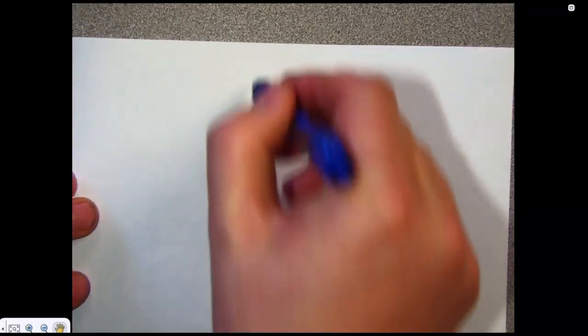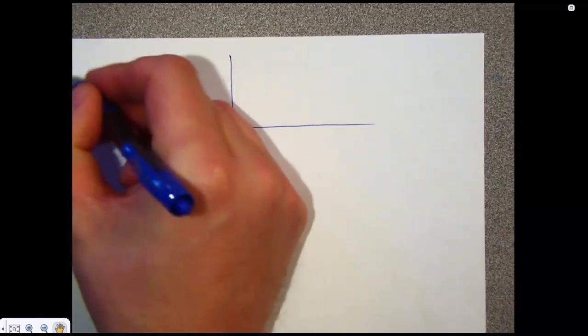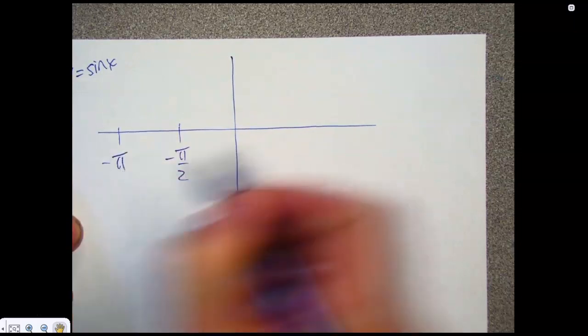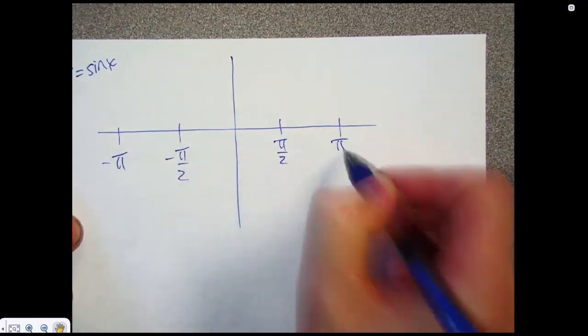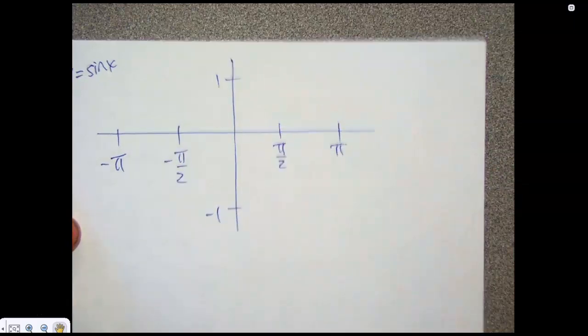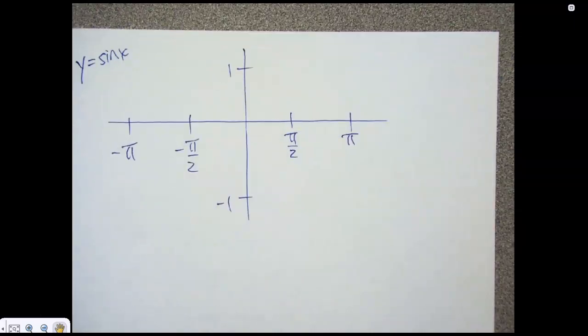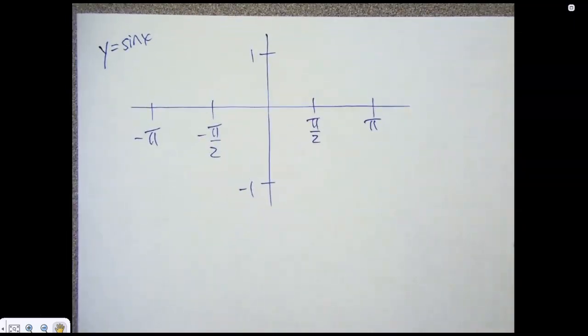Try this one. We're going to graph y equals sine of x, so you're going to help me do it. What's the sine of negative pi? No, zero.